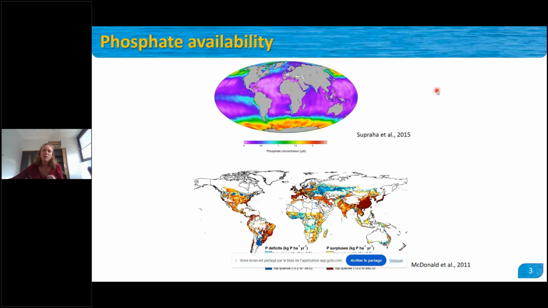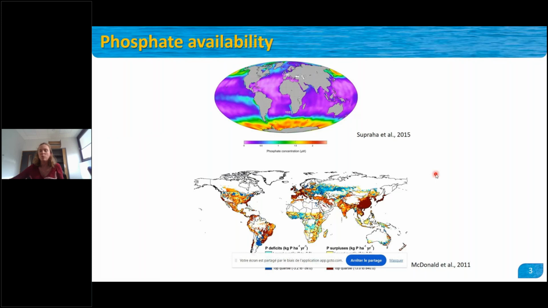So in the ocean, you can see all the purple regions here. You hardly have any phosphate, and that means a kind of desert for life, because you don't have enough phosphate to grow. And inland, you have the same kind of difference, where you have in red and brown regions rich in phosphate, and in blue, really deprived regions for phosphate.